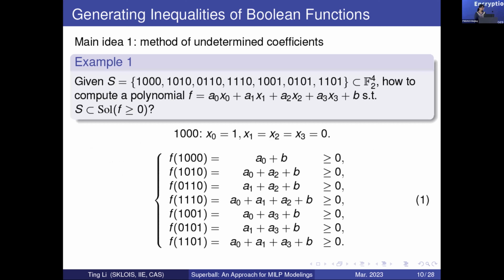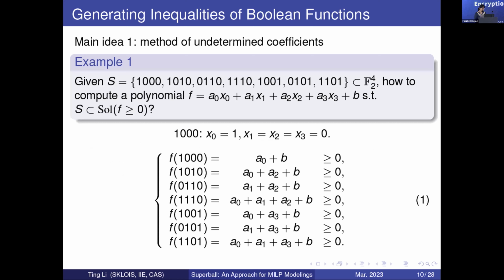In this report, we use some examples to explain our approach. Example 1 gives a set of points S. We want to compute a polynomial f such that f is non-negative on all the points in S, and the points in S are 4-bit vectors.